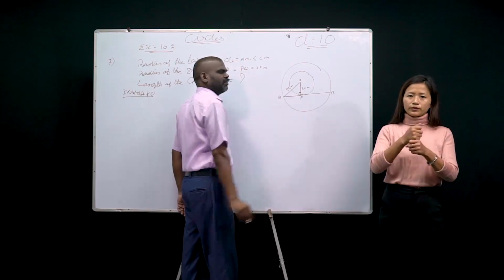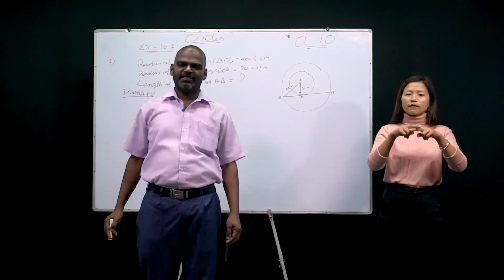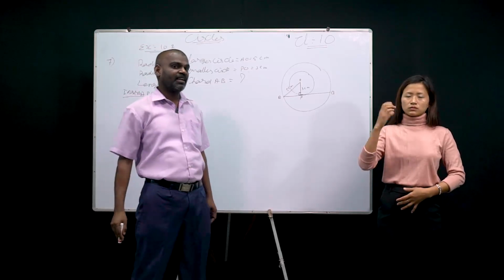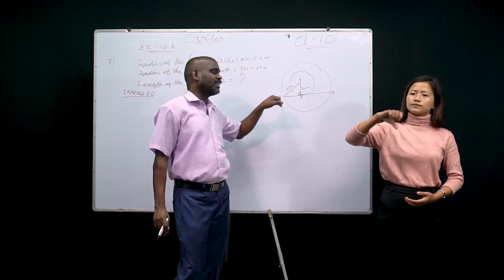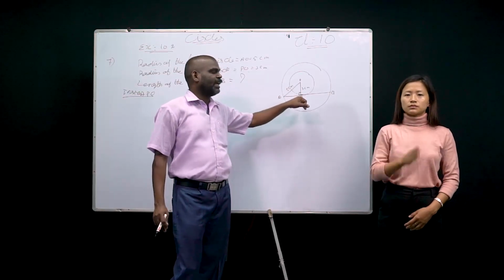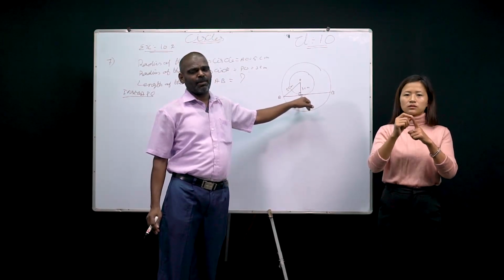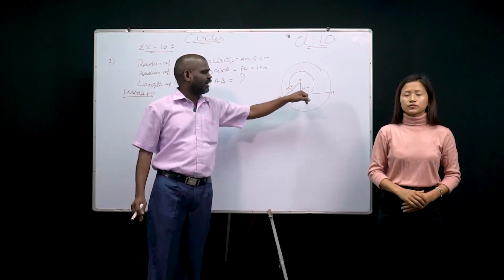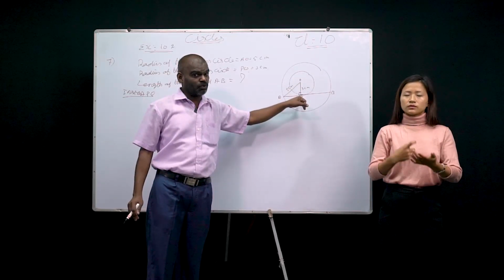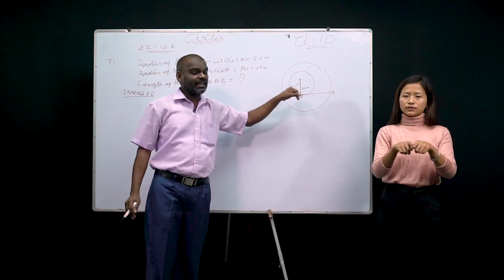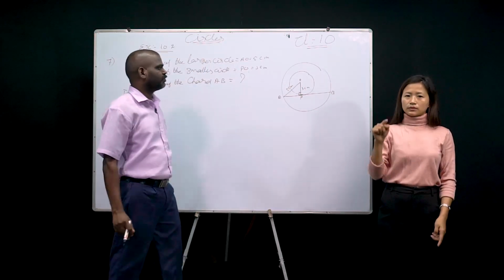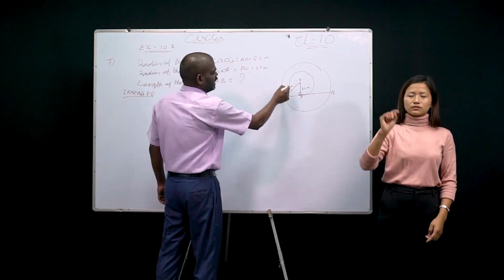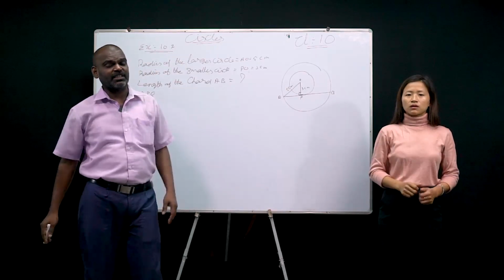How many degrees will it be? Yes, last class we learned, right? 90 degrees. Why is it 90 degrees? Because AP is a tangent, isn't it? So the point of contact of tangent and radius, last class we learned, makes 90 degrees. Opposite the 90 degree angle is the longest side, that is the hypotenuse, right?